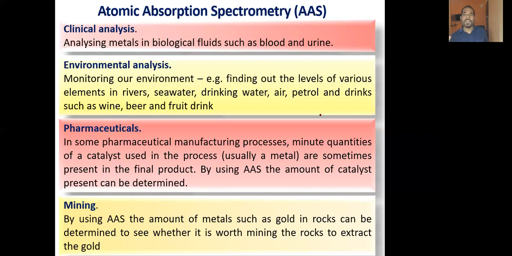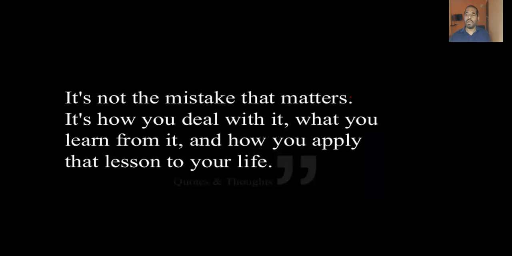In pharmaceuticals, in some manufacturing processes, minute quantities of a catalyst used in the process are sometimes present in the final product, and by using this method, the amount of catalyst present can be determined. So all these are considered applications. It is widely used for elemental determination. With this, we will end today's session.